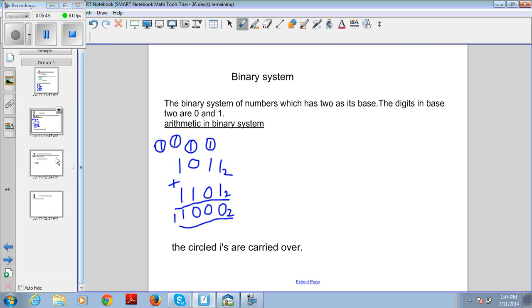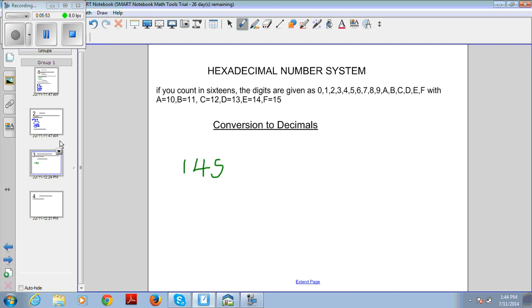Okay. So let's look at the third one. Hexadecimal number system. So I said hexadecimal is base 16. So you are working with base 16, and we said 16 has the range of value from 0 to what? To 15, because 16 is not included. So what is the step to do?